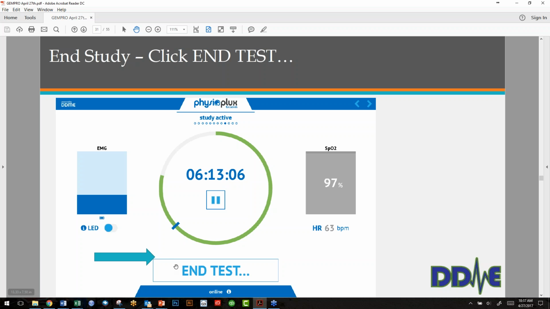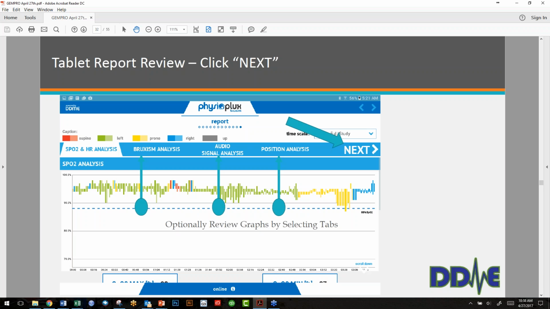When you click End Test, what happens in the morning is the tablet goes through a calculation, sends the PDF report to the dentist, and then presents some graphs on the tablet, so you can look at all the different channels.